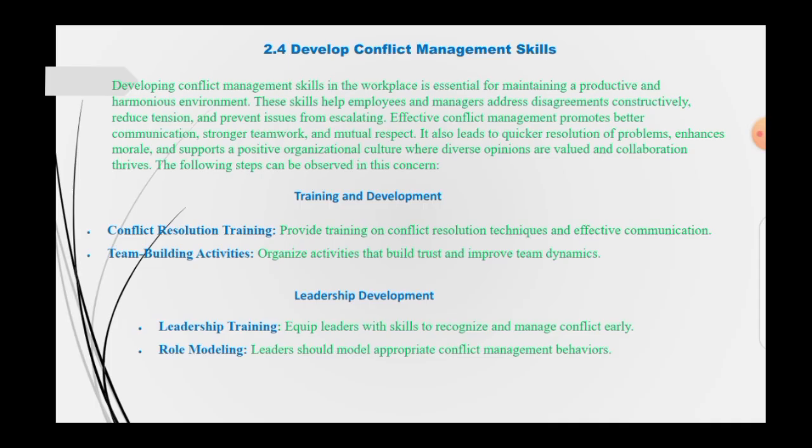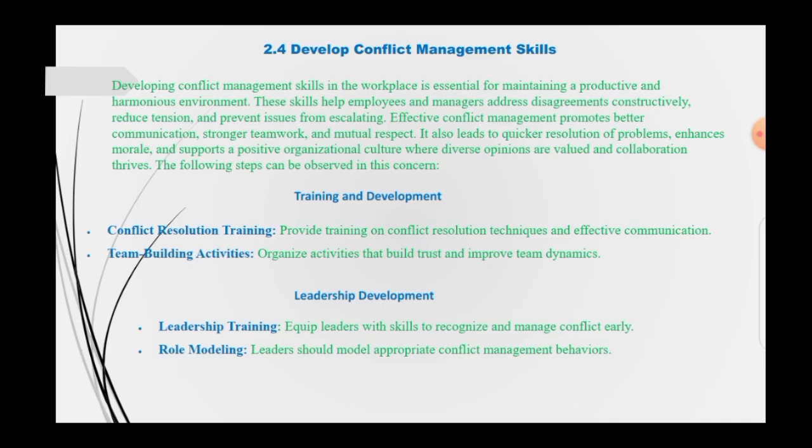Effective conflict management promotes better communication, stronger teamwork, and mutual respect. It leads to quicker resolution of problems, enhances morale, and supports a positive organizational culture where diverse opinions are valued and collaboration thrives. The following steps can be observed in this concern.